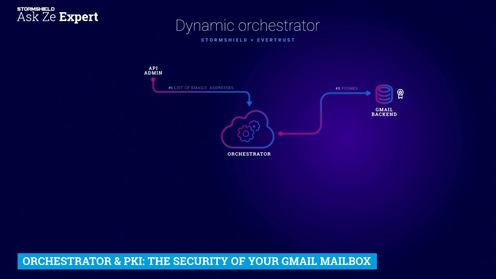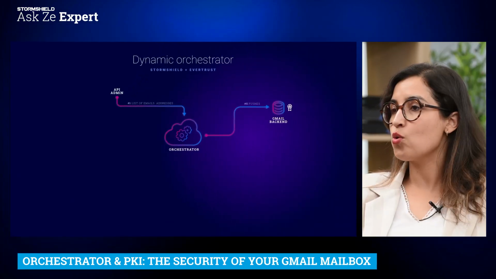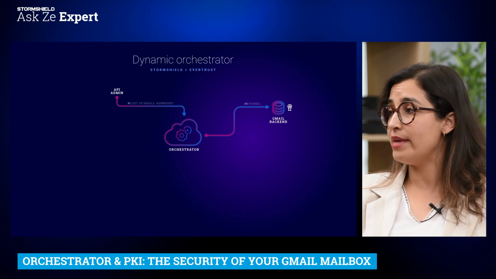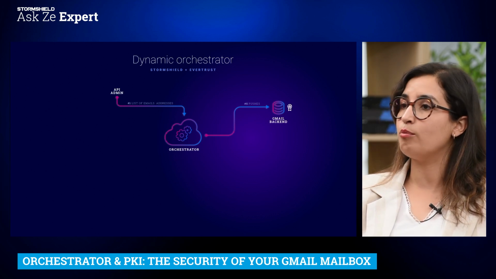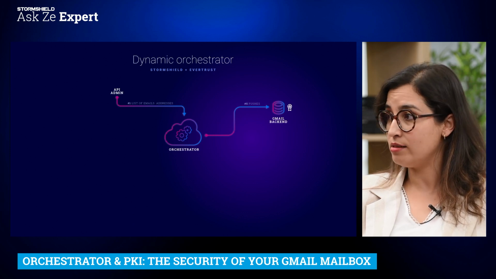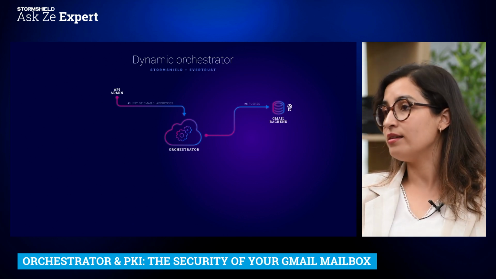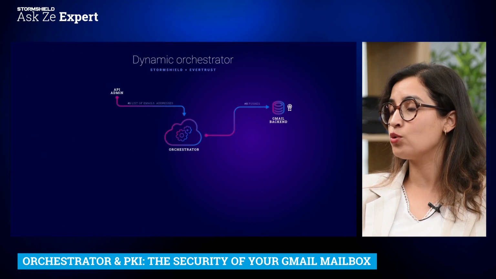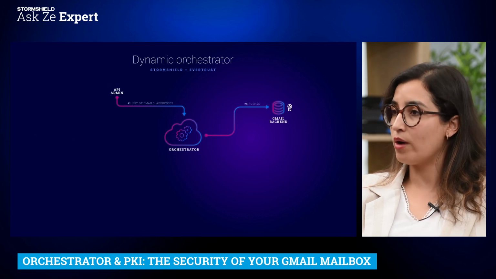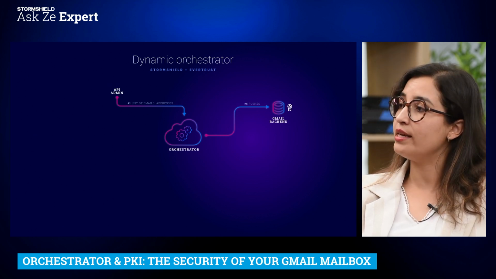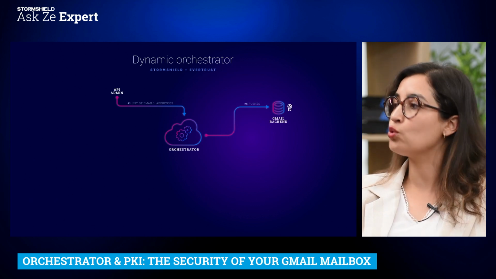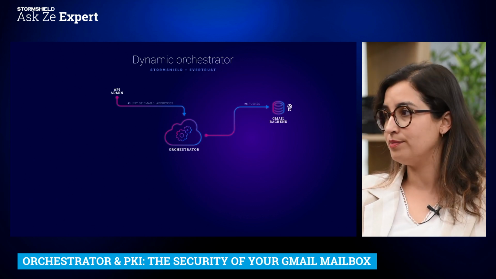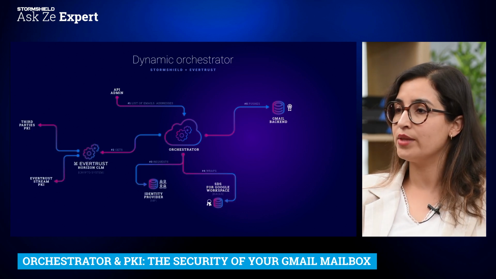So to have a high-level view, the SDS orchestrator will have as input the list of emails of end users for whom the administrator wants to give the possibility to encrypt and sign emails on Gmail. And as a result, the SDS orchestrator will push the right certificates and keys, encrypted, secured, and in the suitable format, to the Gmail backend. Okay. So this is the aim of the solution.